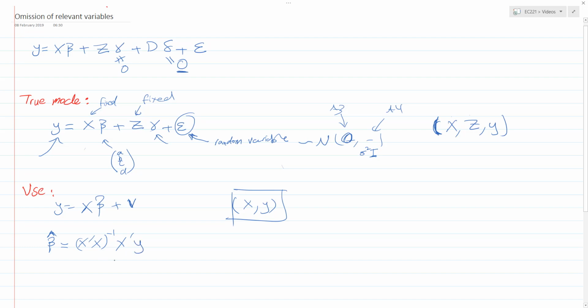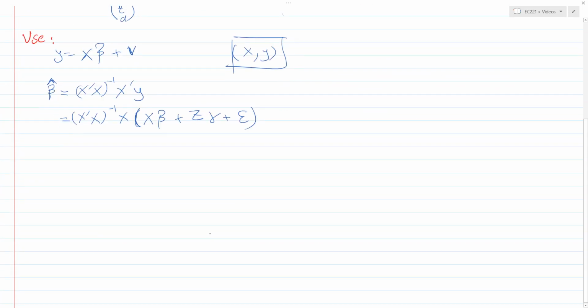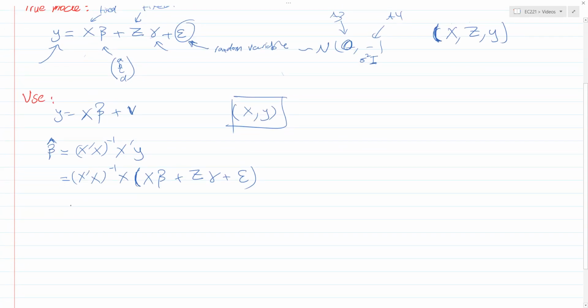Now we know y is actually equal to that at the top in the true model. So let's substitute that and see what we get. So it's x beta plus z gamma plus epsilon. Now let me expand it.